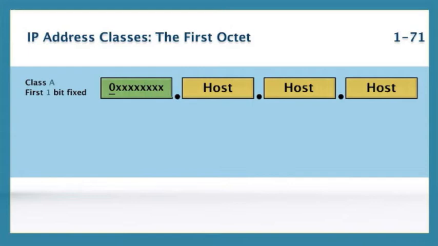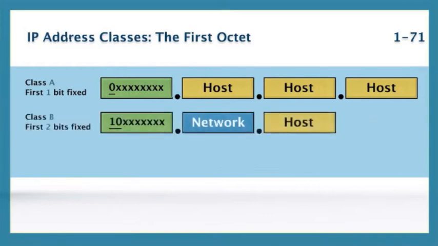Think about it. There's 8 bits for the identification of streets, but on each of those streets, there's a lot of bits, 24 bits available for the identification of houses on those streets. Interesting.